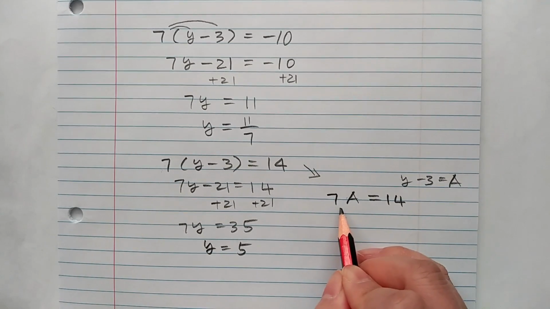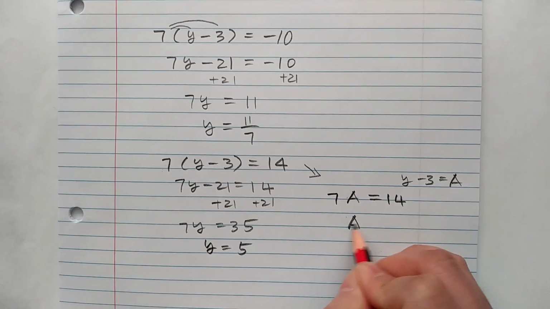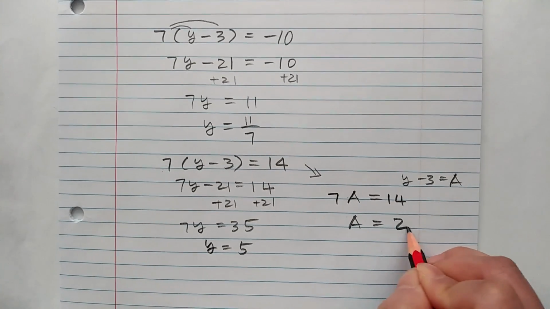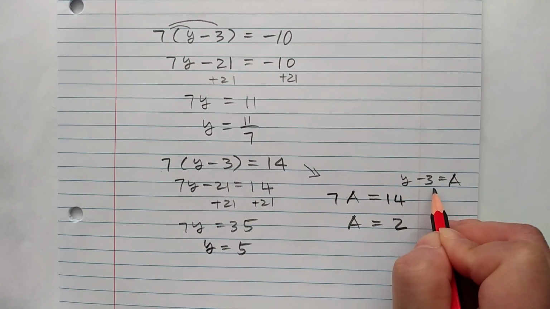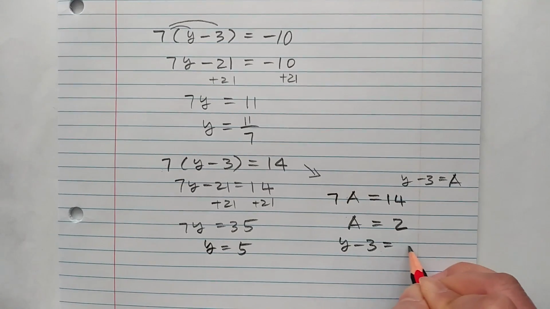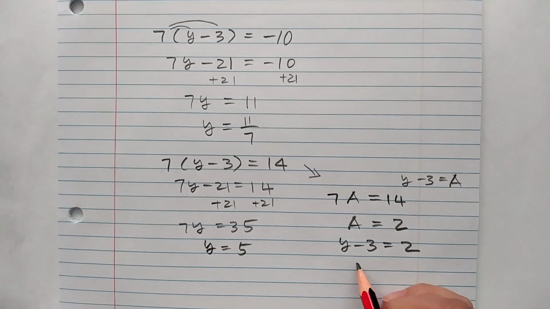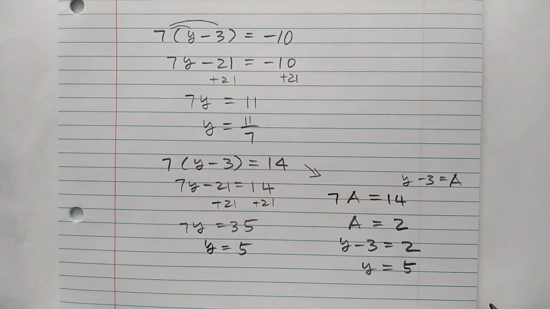If we divide both sides by 7, it'll be a is equal to 2. Replace a with y minus 3. Y minus 3 is equal to 2. Then y is equal to 5.